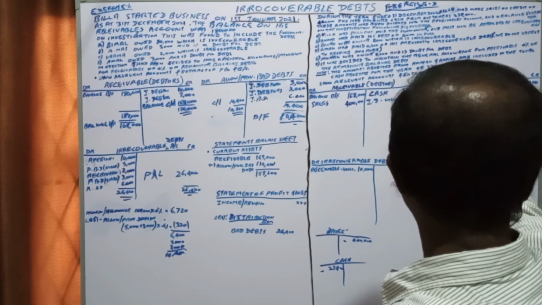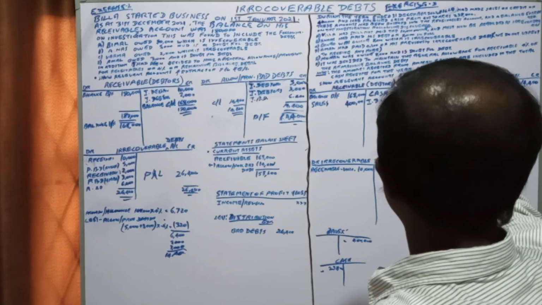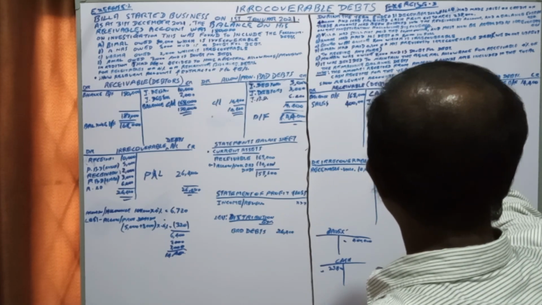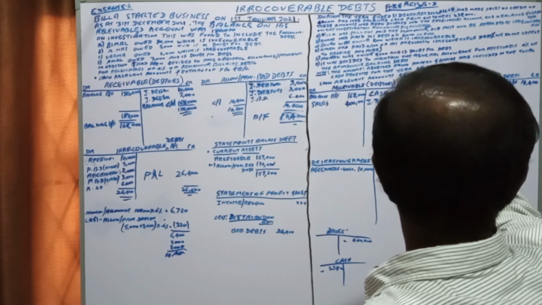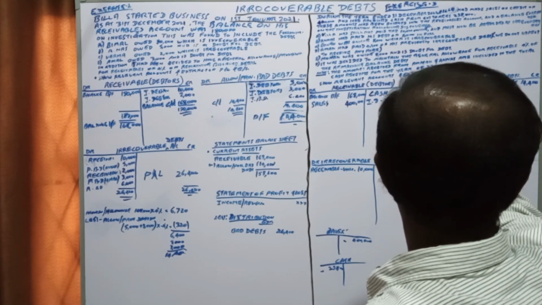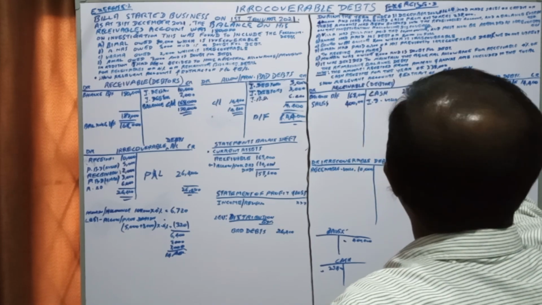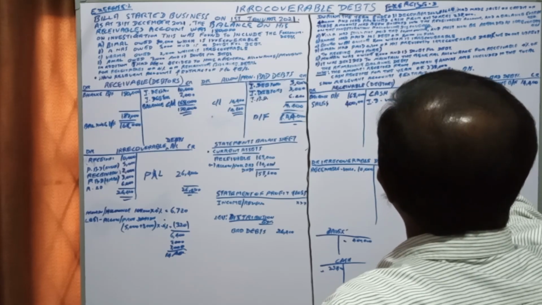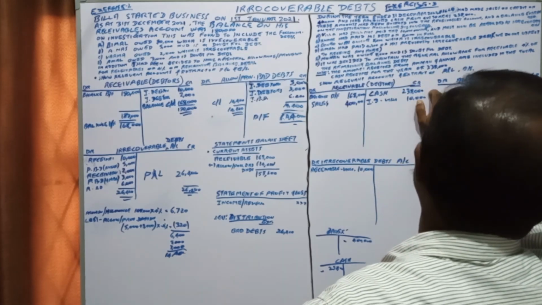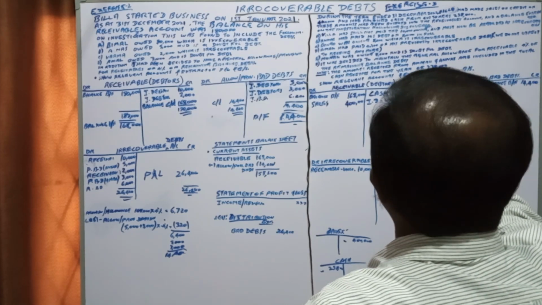It is included in cash receipts, so it is not going to affect the bad debts account. Anas had paid his debts, so it is not going to have an effect here.